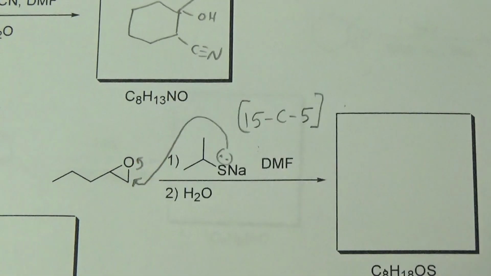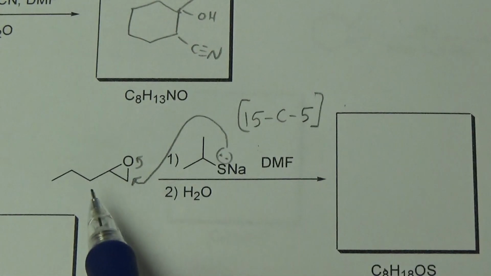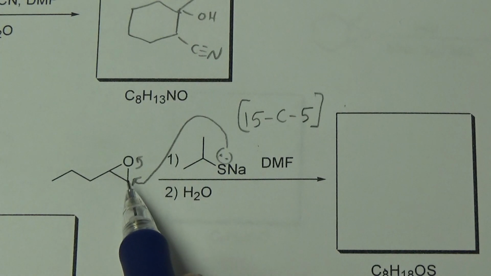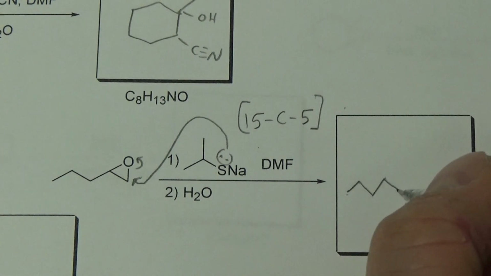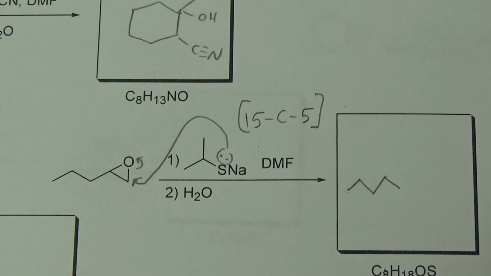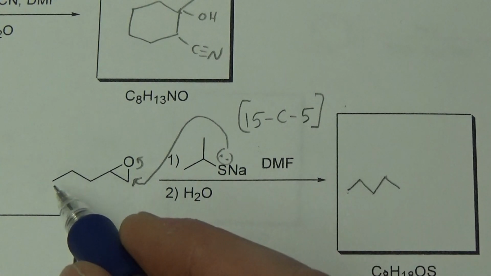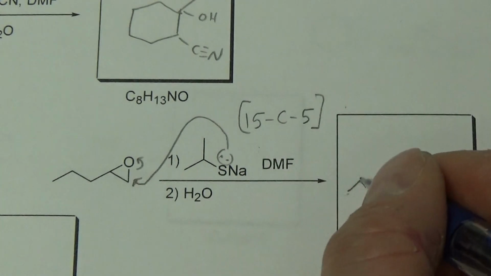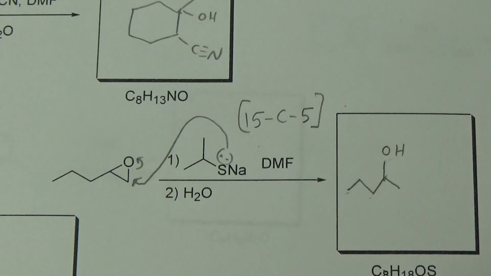Open up the epoxide, and where is everything? We're adding a 1, 2, 3, 4, 5 carbon piece. Of those carbons, where's the oxygen? It's on the 4th carbon. And what's connected to the 5th carbon now? The sulfur.